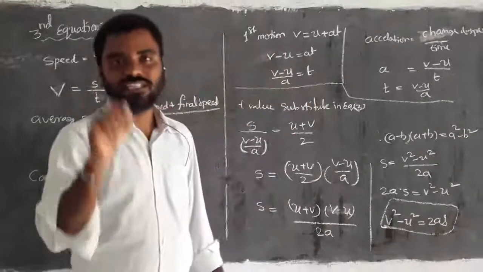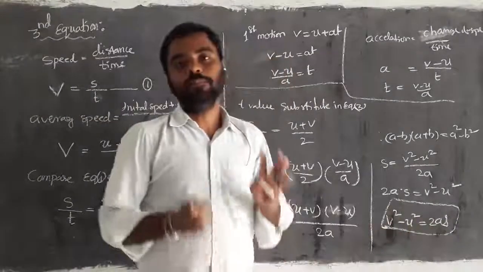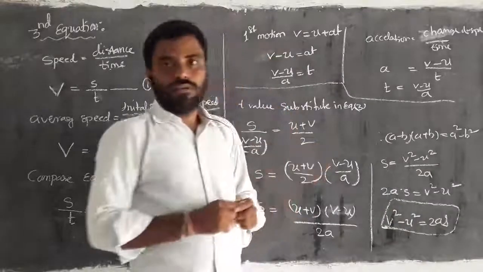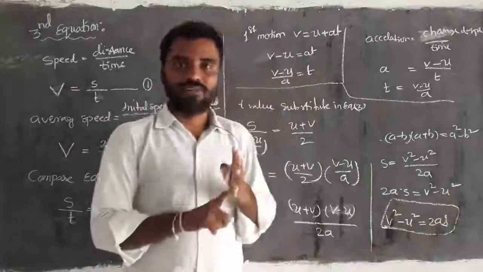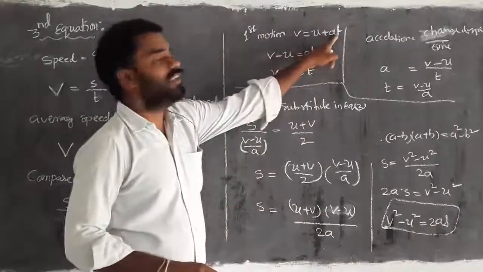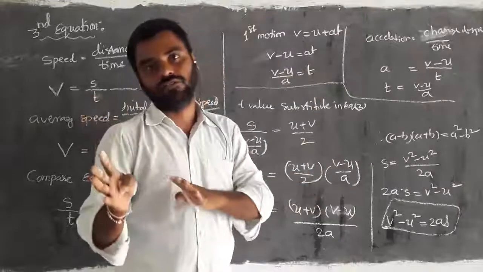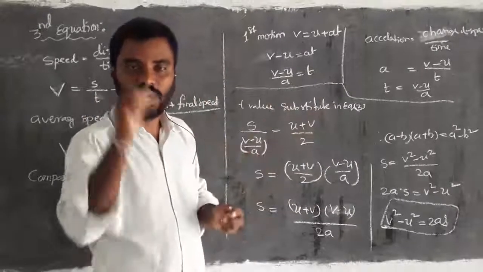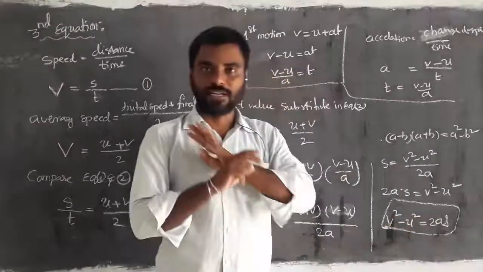Moreover, this equation does not include any time factor. So here no t terms are there. First one is having t, time exists. Second one also, s is equal to ut plus half at square. In the first and second equations we have the time factor, but in this the time factor is not included.